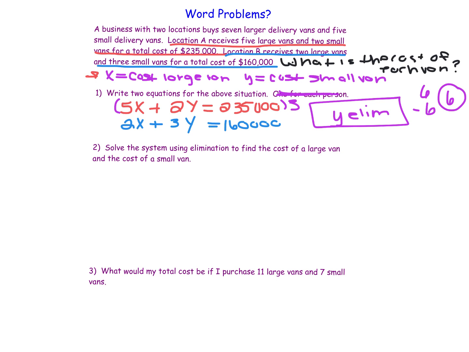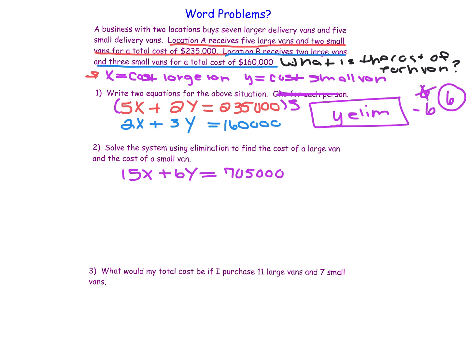So multiplying everything by 3, I end up with 15x plus 6y is equal to 235,000 times 3, which is 705,000.